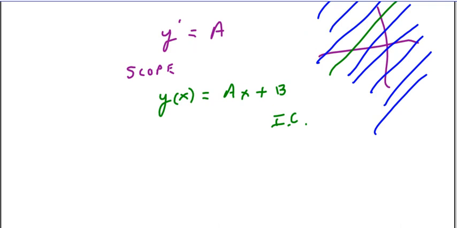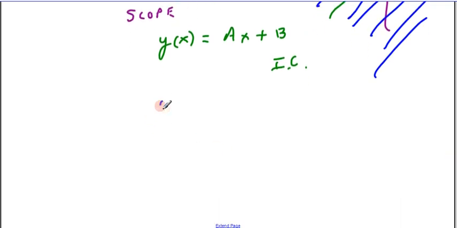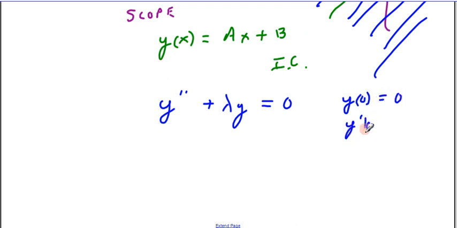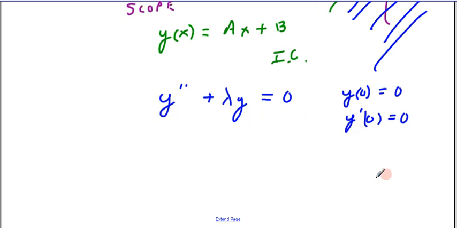Alright, so if I take a differential equation that's y double prime plus lambda y is equal to 0, and I look at that differential equation, and I end up saying that at 0 I'm going to be 0, and y prime at 0 I'm going to be 0, then what is this equation of? Well, obviously it's an equation whose slope is 0 passing through 0.